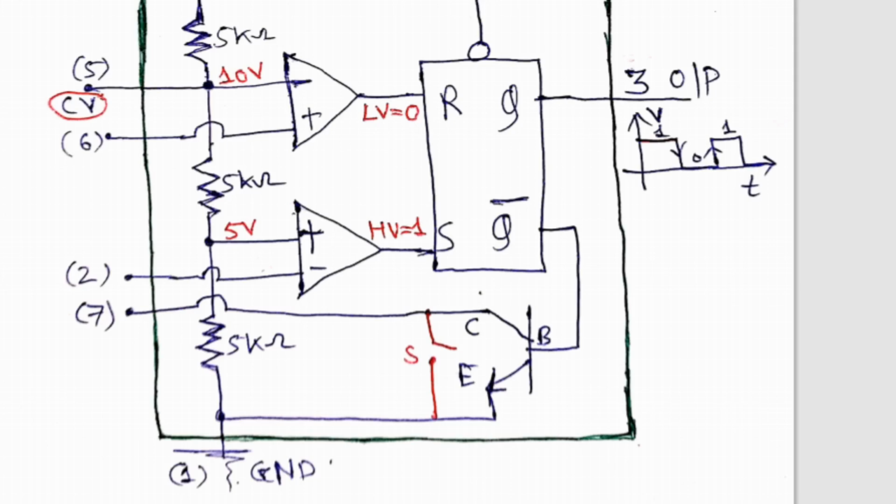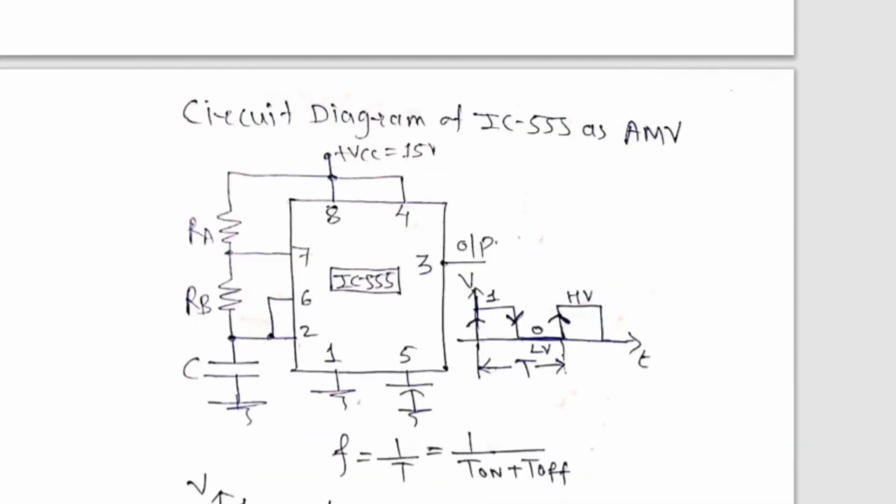Now let us proceed further. If you understand this circuit diagram, you will come to know that RA and RB and C are again in series, but all these three components are externally connected.